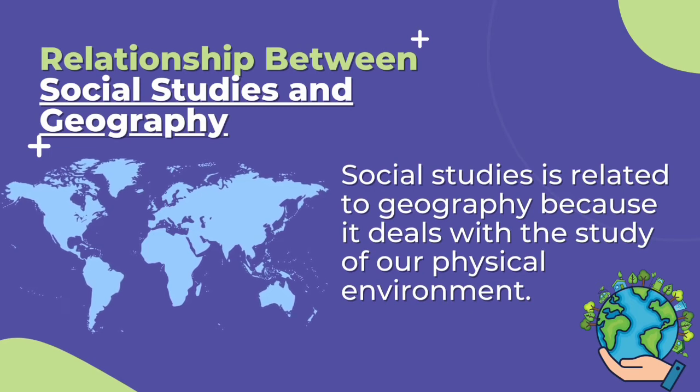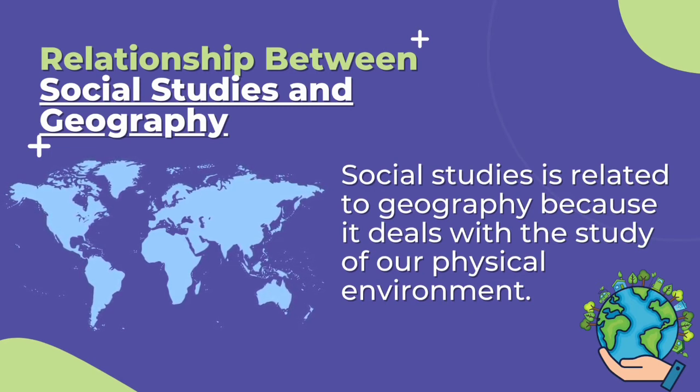Social studies is related to geography because it deals with the study of our physical environment. Geography is a subject you do when you get to senior secondary school, and it teaches us about the environment, the physical environment, the earth, and so many things of which social studies teaches us about the same thing. So you see, they are related.